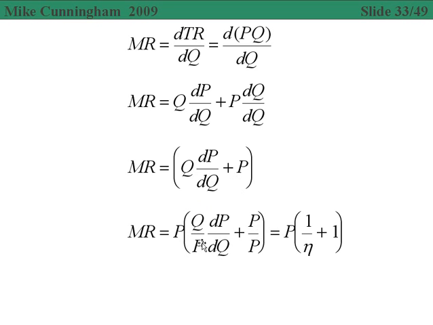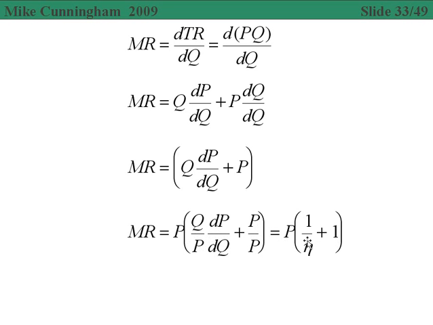Now this one here is interesting because that is the elasticity formula upside down. So marginal revenue is equal to P into 1 over the elasticity plus 1. The P of this one here is 1. So that's 1. And this formula, if you look back on your elasticity formulas, you'll find that that is the elasticity formula, except it's upside down.